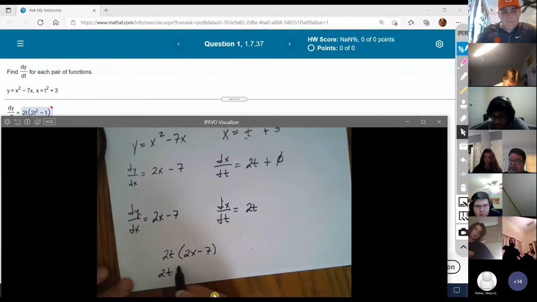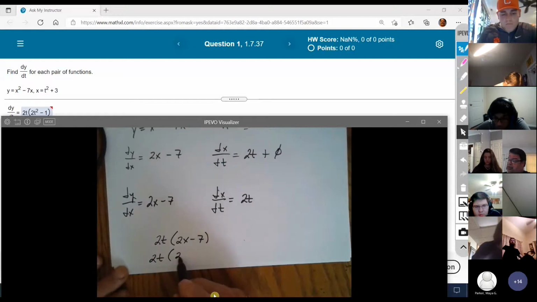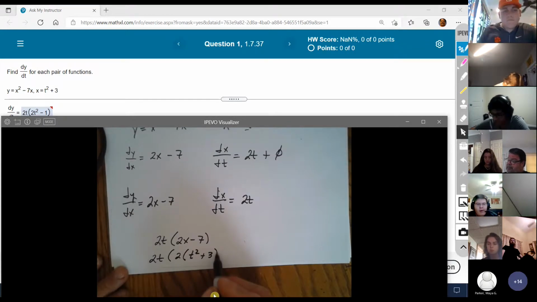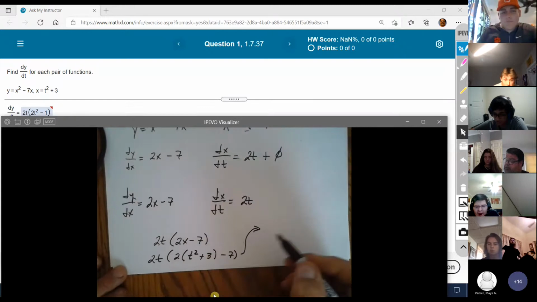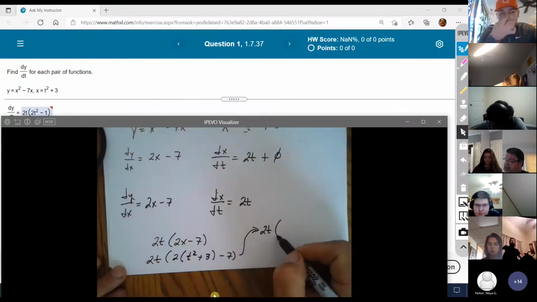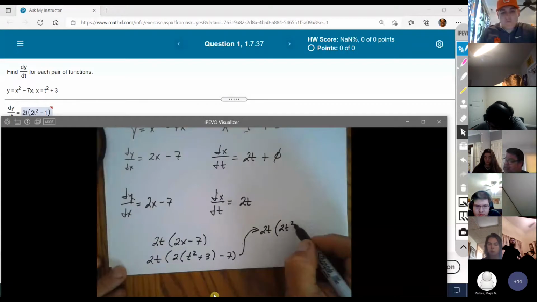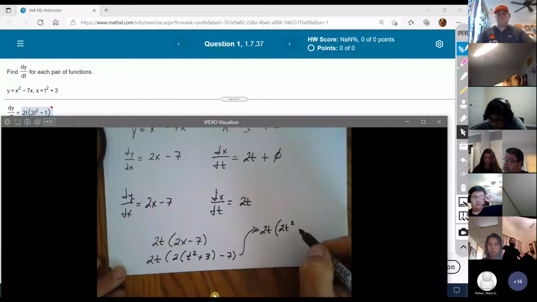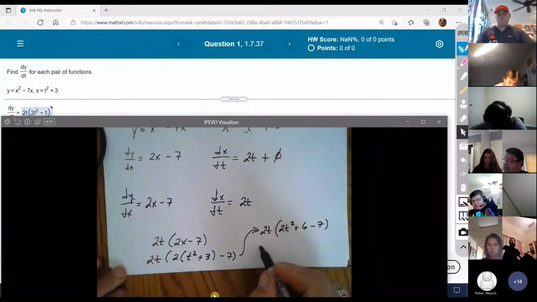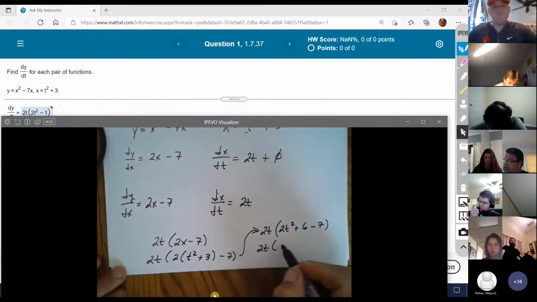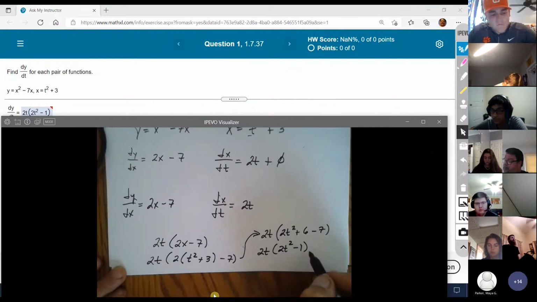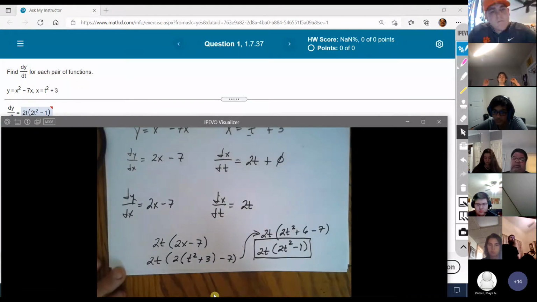So 2t times 2 times t squared plus 3 minus 7. And that's going to be 2t times 2t squared and then plus 6 minus 7. 6 minus 7 is -1. And that should be your answer.